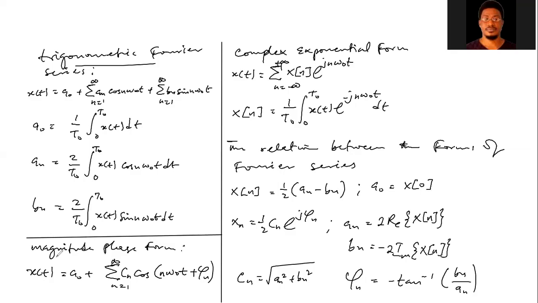Sorry, I don't really understand the exponential form and the magnitude phase form. Yeah, exactly. That's why I say I'm leaving it to you as an assignment. You're going to derive this. Now we've derived the trigonometric Fourier series.